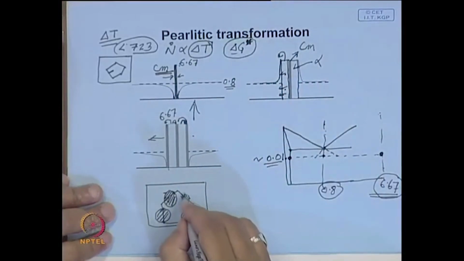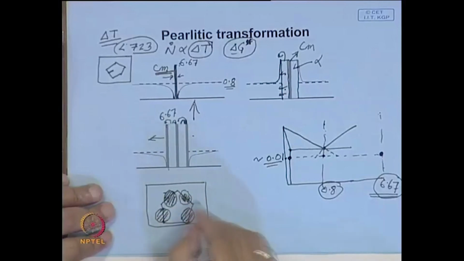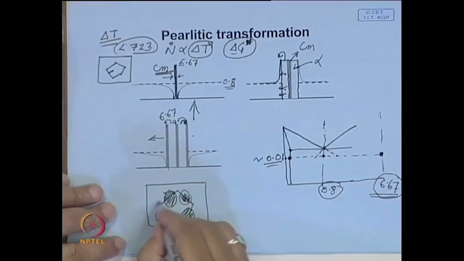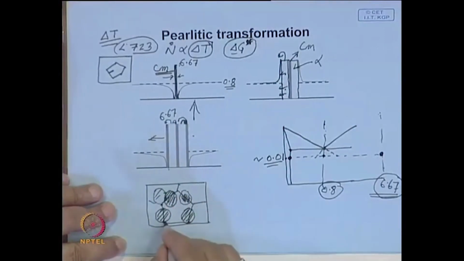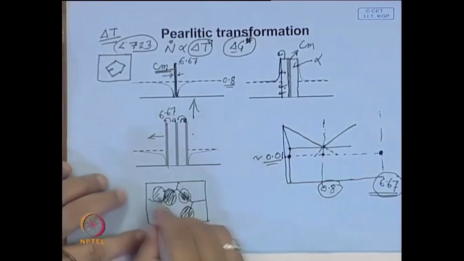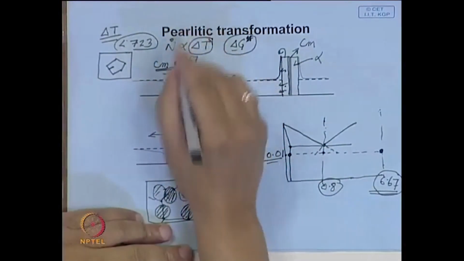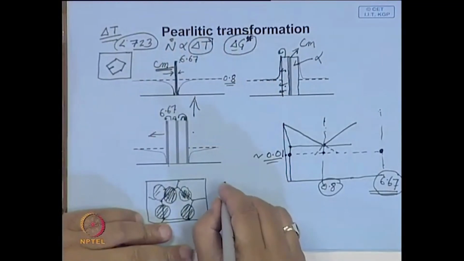So, this is the way, and ultimately you will find they will form into a nodule, and this will grow, and after some time they will start impinging, and then the growth stops, and finally the entire structure will be converted into an entire 100% pearlitic structure.